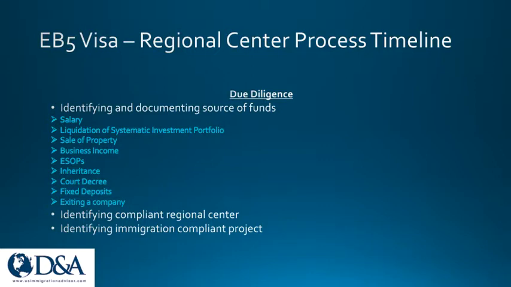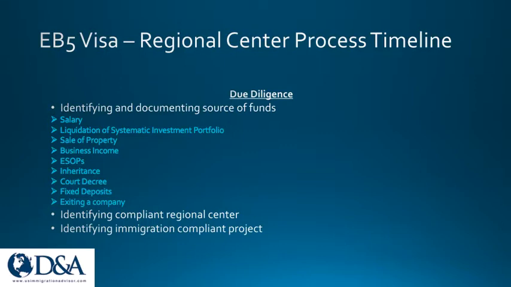Sources vary from investor to investor, and these may include salary, liquidation of systematic investment portfolio, sale of property, business income, ESOPs, inheritance, court decree, fixed deposits, or exiting a company. Simultaneously, attorneys need to identify a compliant regional center and then also identify an immigration compliant project where the investment can be made.